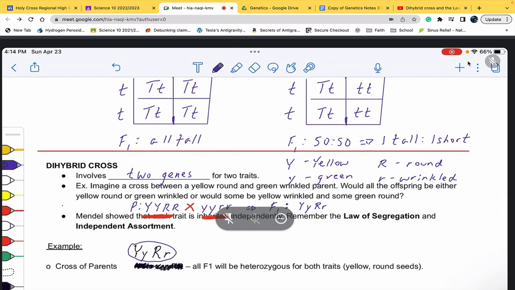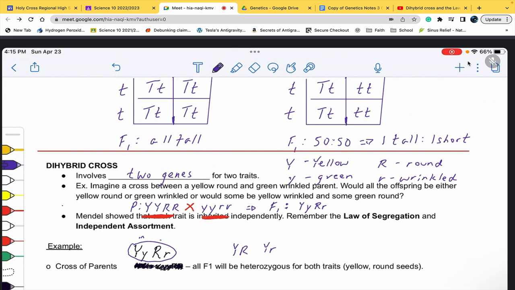So what will we end up with? Well, we'll end up with a combination of the alleles. So each parent's going to contribute a YR, right? That and that. And then a big Y little r.